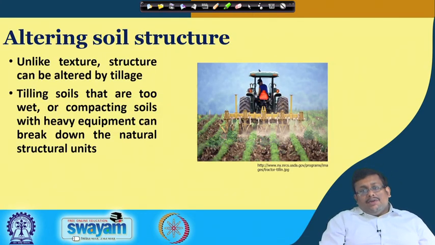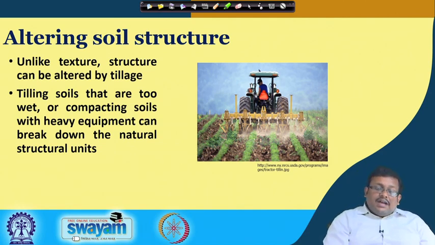Okay. So, can we alter the soil structure? Is it possible? Well, unlike the soil texture, structure can be altered by tillage. As I have already told you, texture cannot be altered, however, structure can be altered by tillage. And tilling soils that are too wet or compacting soils with heavy equipment can break down the natural structural units.